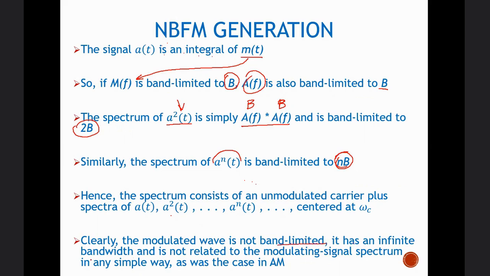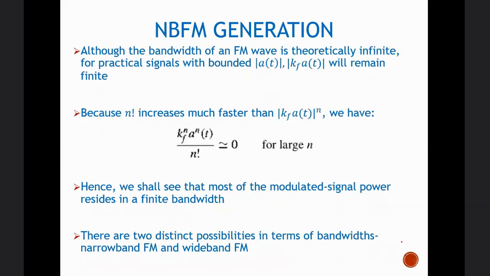It has infinite bandwidth and is not related to the modulating signal spectrum in any simple way. In case of AM, the modulated signal was related in a simple way to the message signal. But in FM, it's not directly related. The bandwidth is not directly related to the message signal. In fact, we can see we are getting an infinite bandwidth.